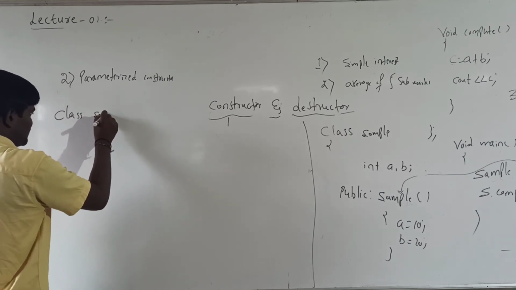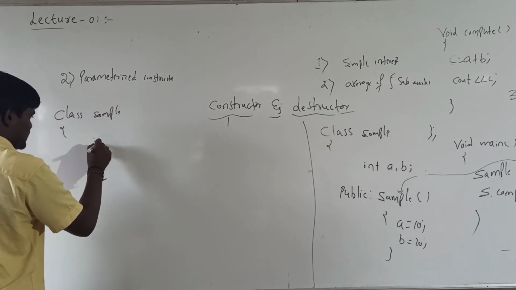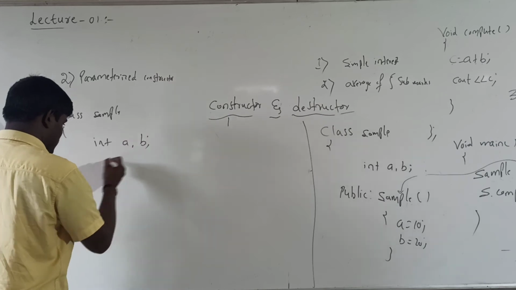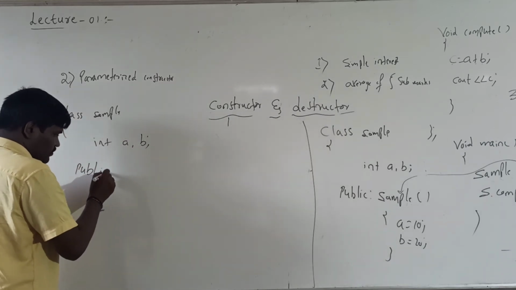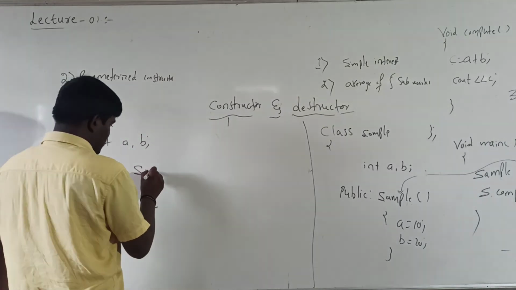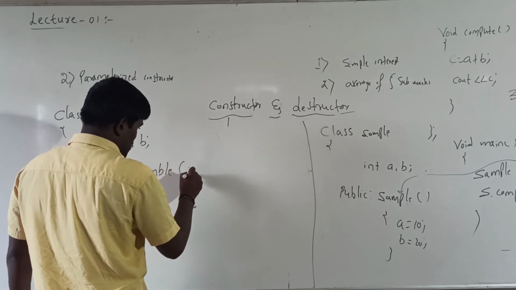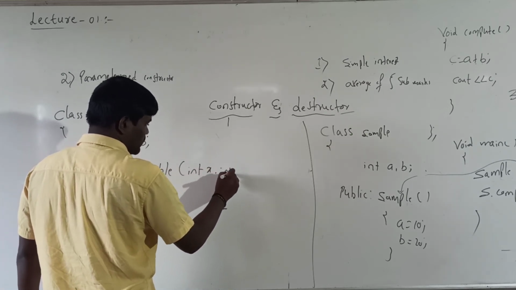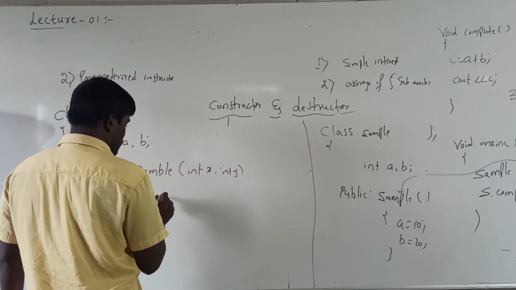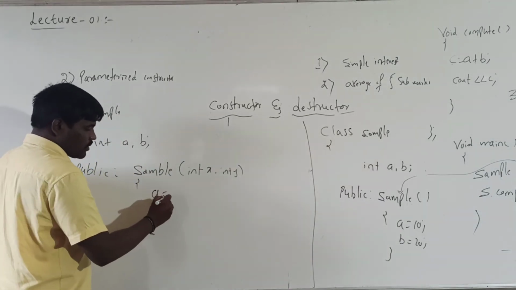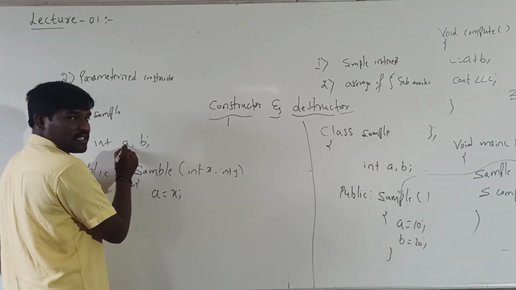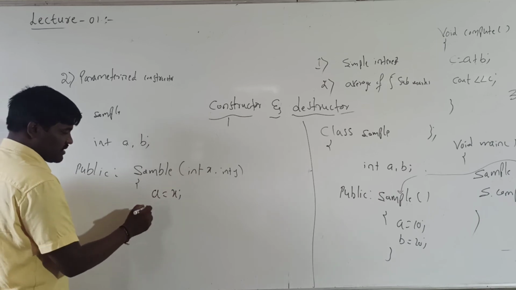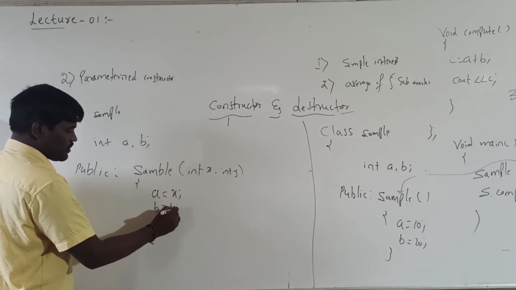class sample, I can declare int a, b in the public section. Sample int x comma int y, see here a is equal to x. First you mention this variable, next you mention this variable, b is equal to y.